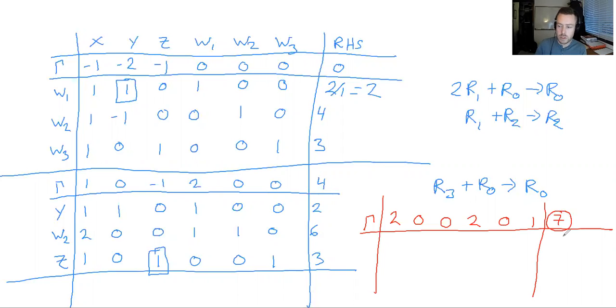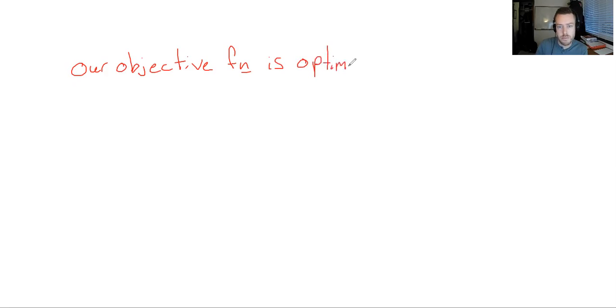So what we can say is our objective function is optimized when gamma is equal to 7.